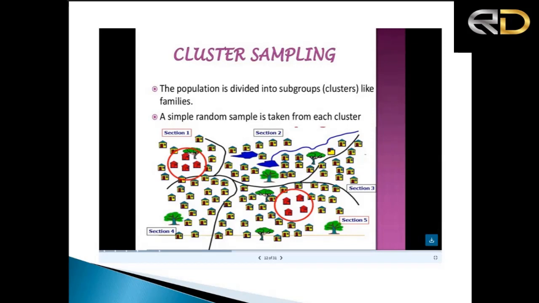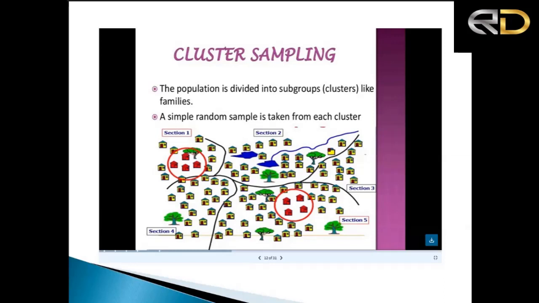This is contrary to stratified sampling, where we make the strata as similar as possible, with similar units in a stratum, whereas here we take units as heterogeneous as possible in a cluster.